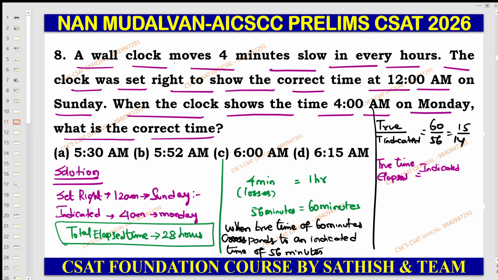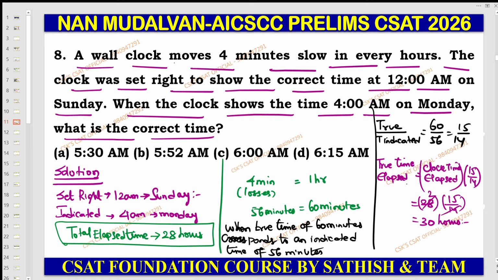In a simple manner you write: these and all, you don't want to take in a very complicated manner. Simply you write clock time elapsed into 15 by 14. So what is that clock time elapsed? 28 hours into 15 by 14. You cancel this, then what is the true time elapsed? 30. So therefore 30 hours, right?